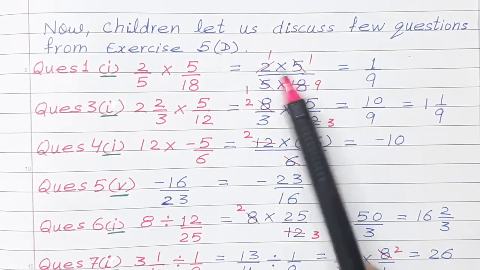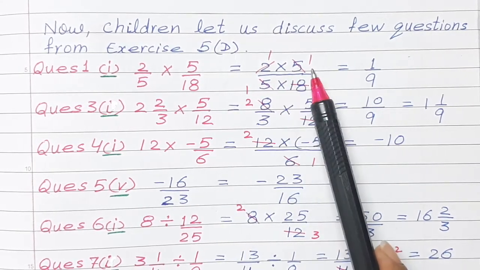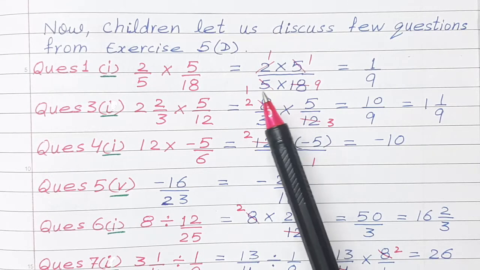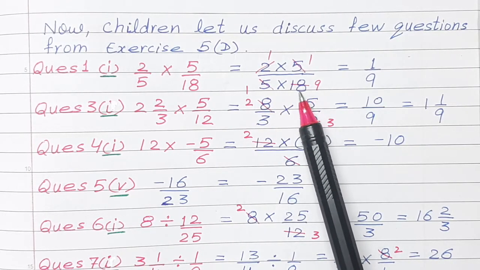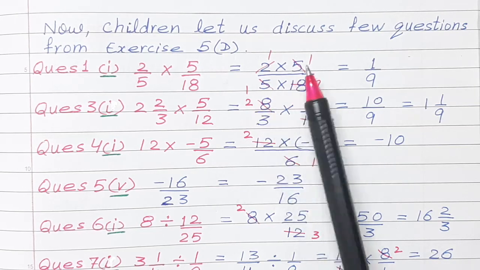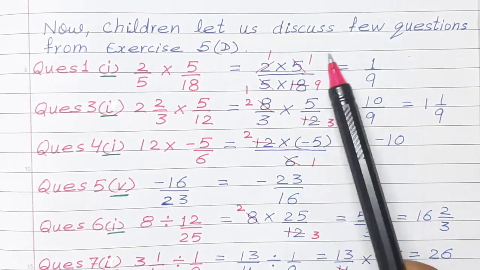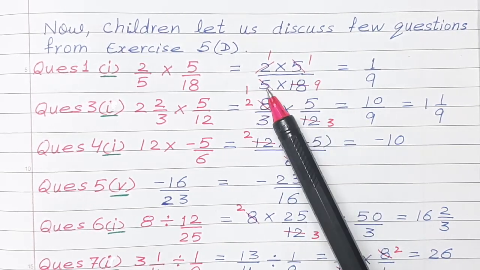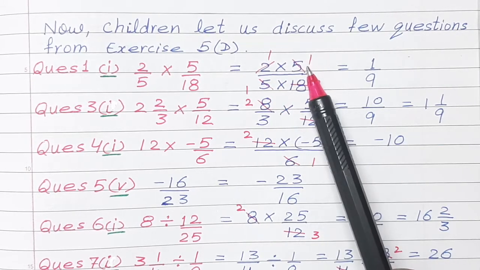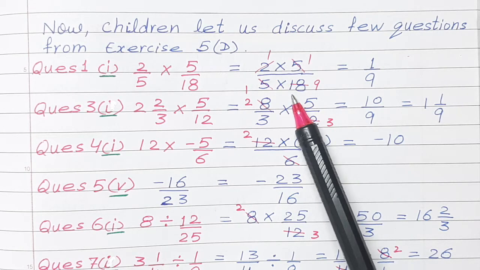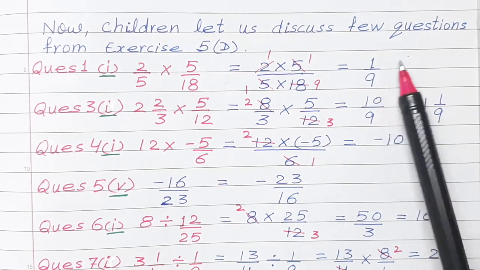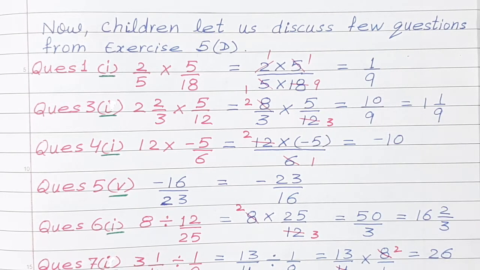That is 2 multiplied by 5 upon 5 multiplied by 18. Children, here we need to simplify it. We can cancel the like terms. It is 5 ones are 5, 5 ones are 5, 2 ones are 2 and 2 nines are 18. So the answer is 1 upon 9. I hope you all have understood now.